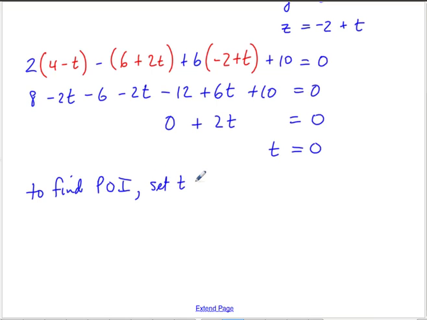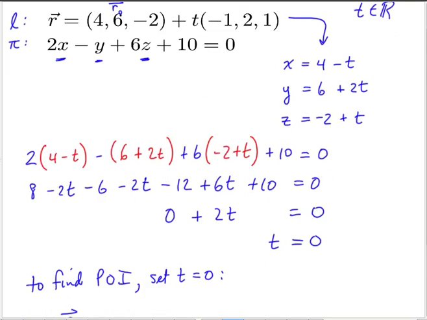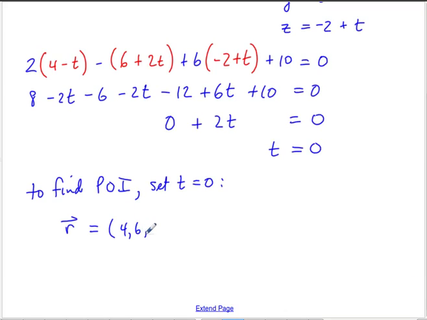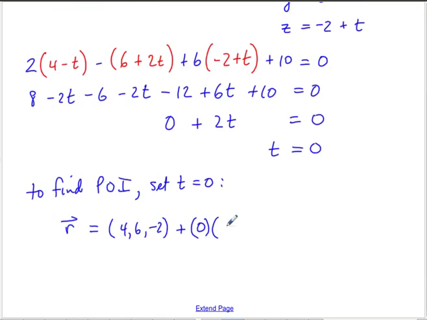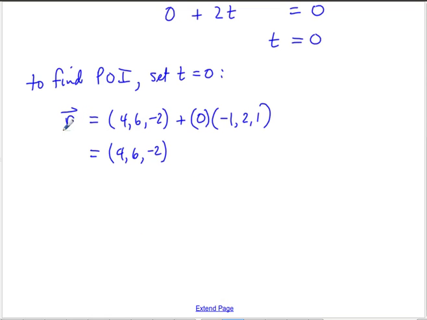We set t equal to 0, so we end up with r equal to the position vector (4, 6, -2) plus 0, and I'm just going through the formality of this, times (-1, 2, 1), which of course just stays (4, 6, -2). And that is a position vector, and so the position vector points to the point of intersection. My point of intersection is the point (4, 6, -2).